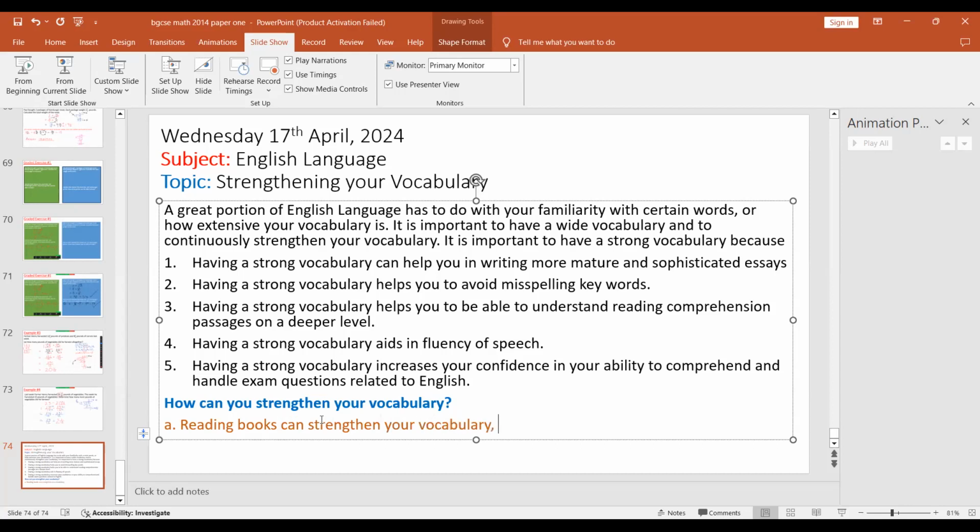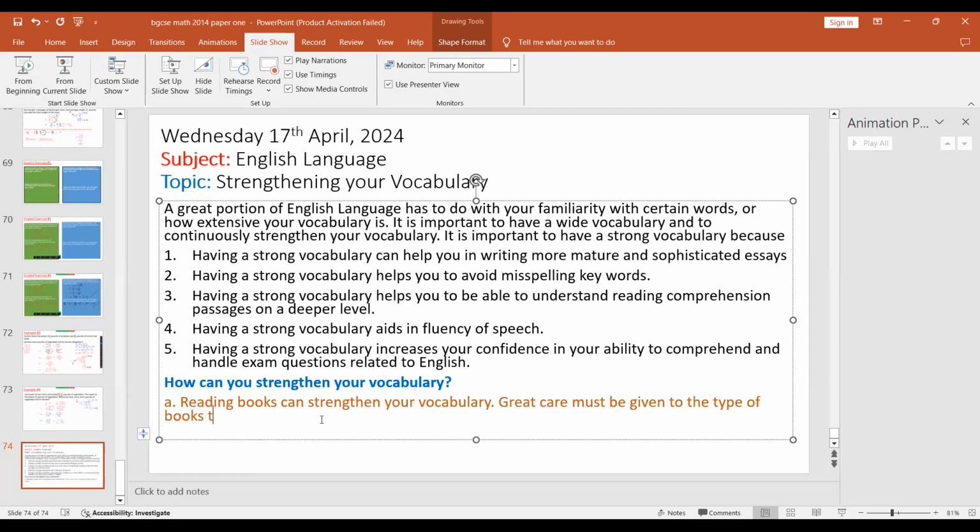But you have to be careful that you choose the right type of books. Great care must be given to the type of books that are chosen.